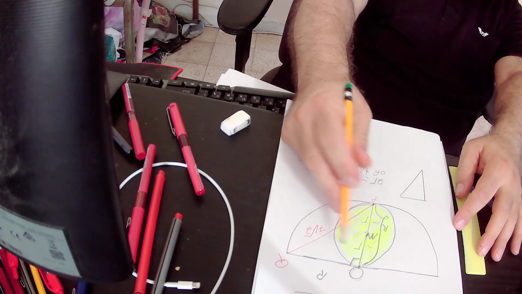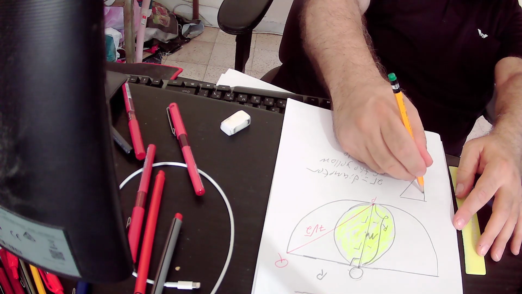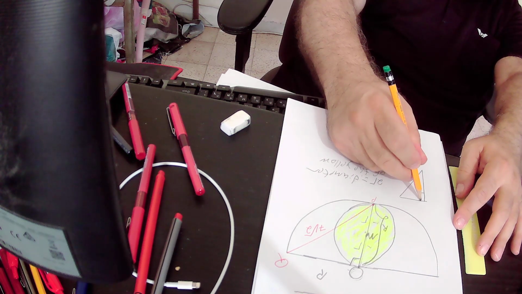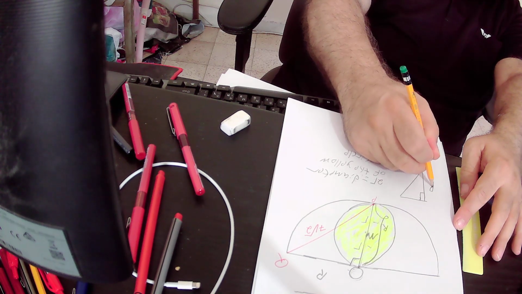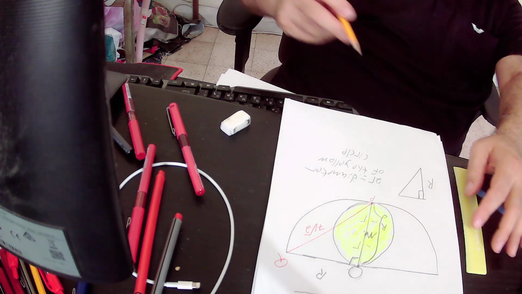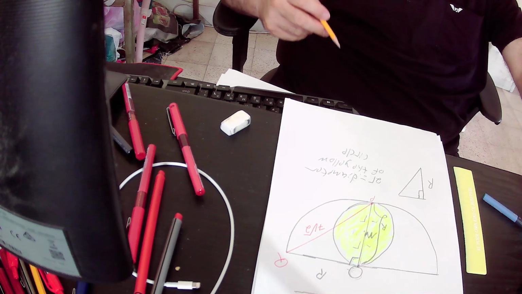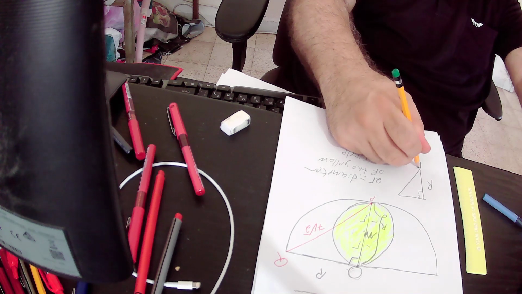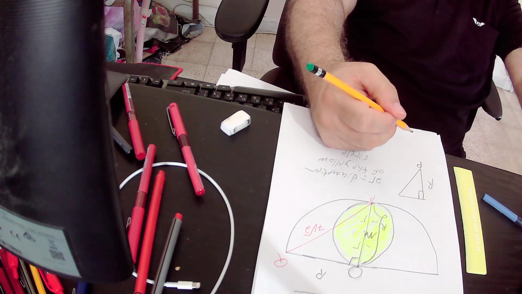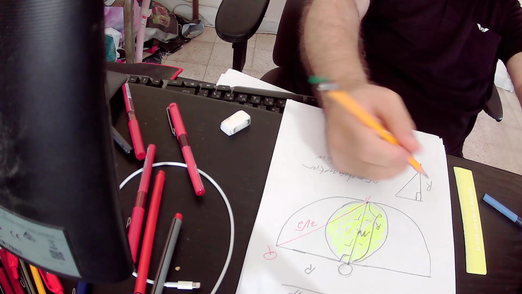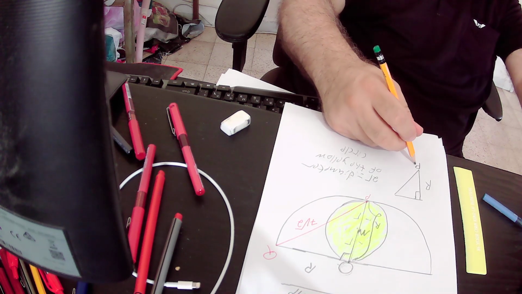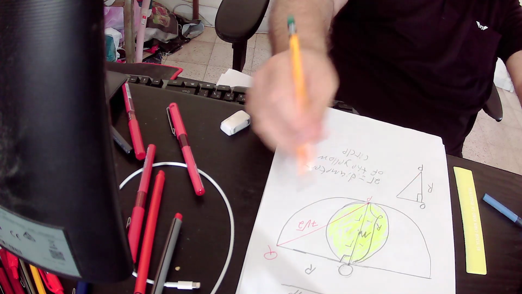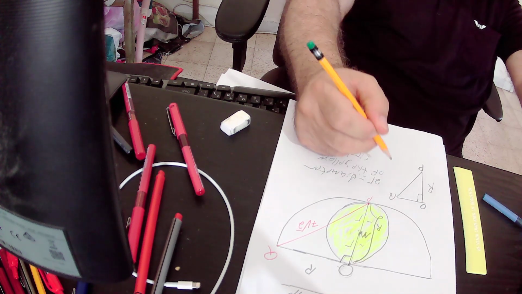So angle POQ equals 90 degrees and PO equals capital R. PO is the radius of the semicircle. This point is point O, this point is point P, and this point is point Q.